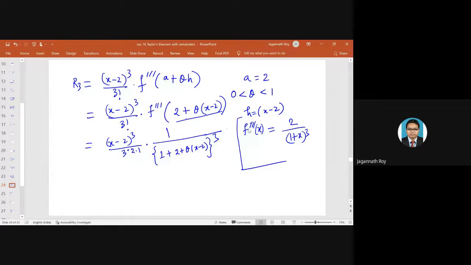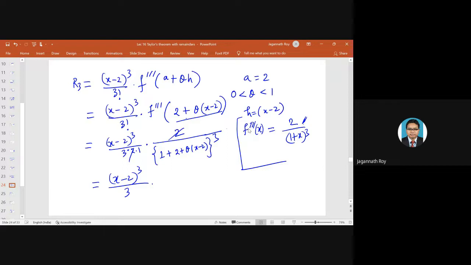So if you just simplify it, then what will happen? No, here it will be 2. 2 is there. Okay. So these two will get cancelled. X minus 2 whole cube by 3 times.